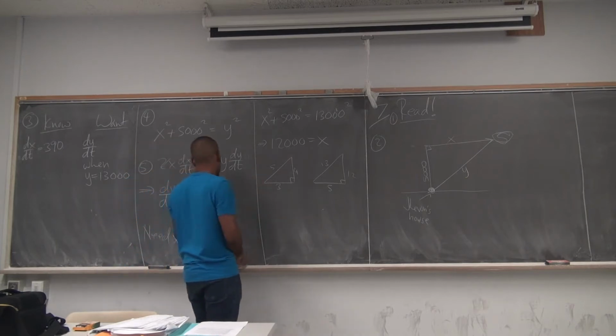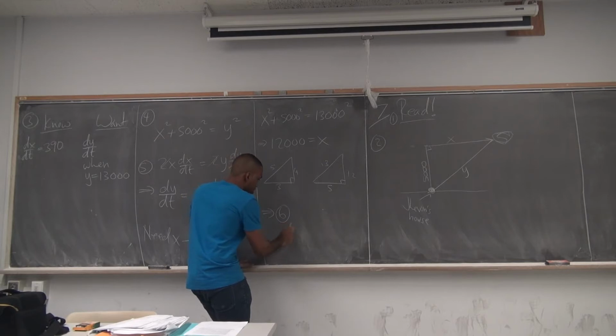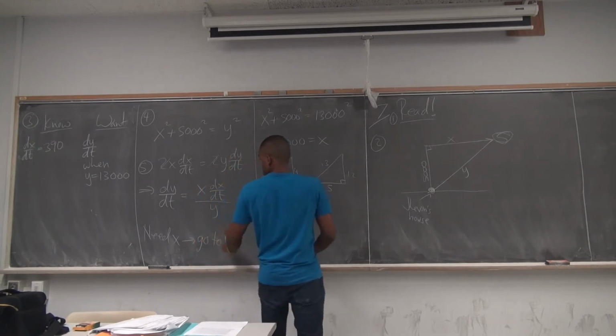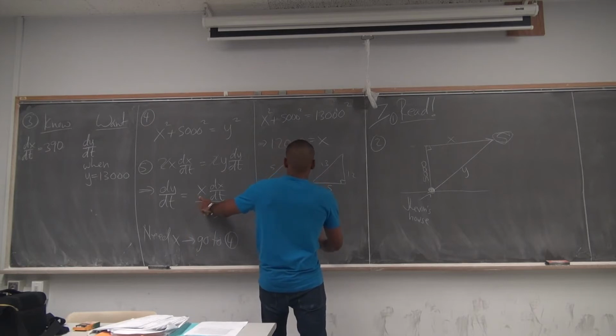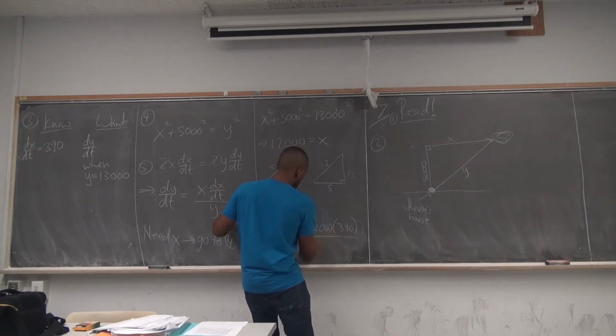So x is 12,000, and now in step 6 I can just plug it in. dy/dt equals x, which is 12,000, times dx/dt, which is 390, over y, which is 13,000.